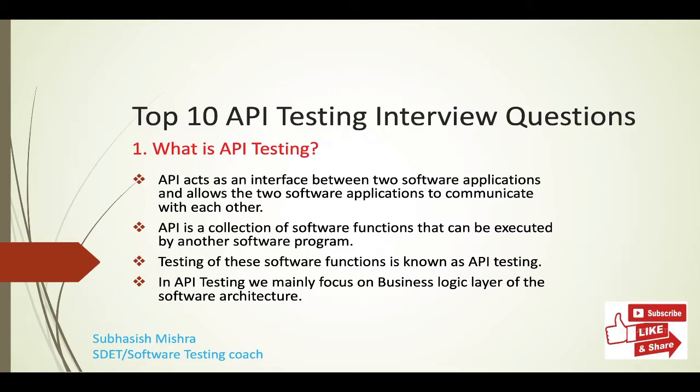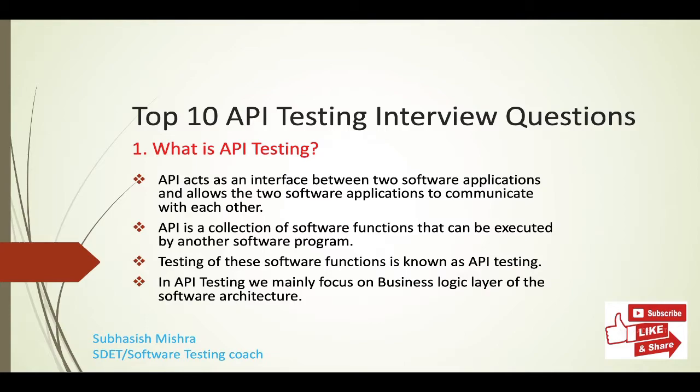API is a collection of software functions that can be executed by another software program. So, testing these software functions is known as API testing. In API testing, you mainly focus on business logic layer of the software architecture.